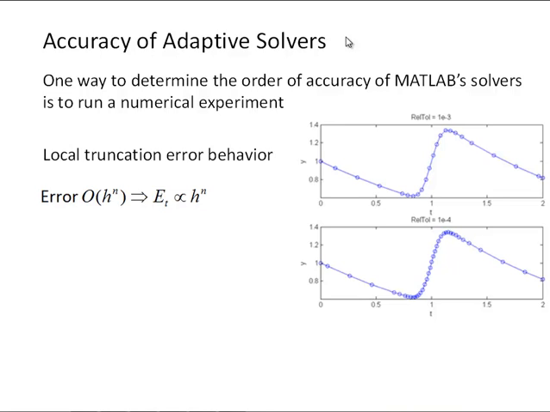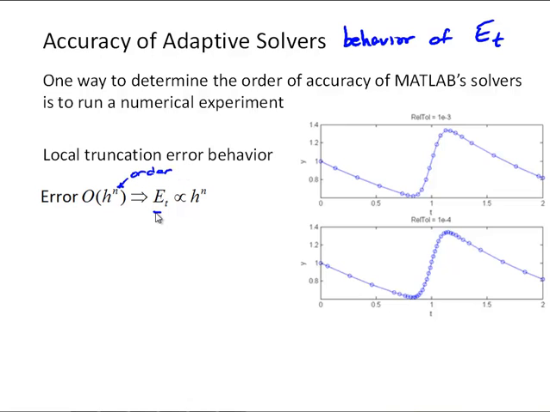The last thing I want to talk about is the accuracy of the adaptive solvers, or as we've talked about a lot before, the behavior of the truncation error, ET. One way to determine the order of accuracy of MATLAB solvers is to run a numerical experiment. So recall, we usually think of the local truncation error behavior as being some order h to the n, where n is the order of the solver.